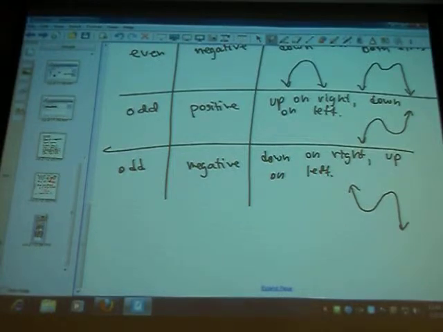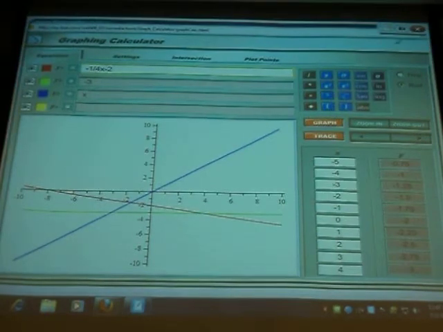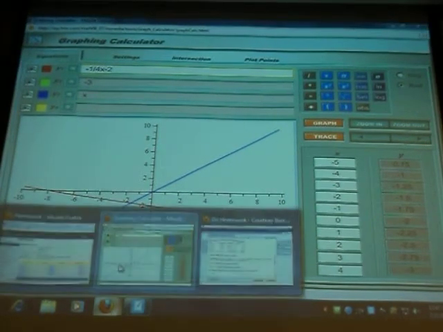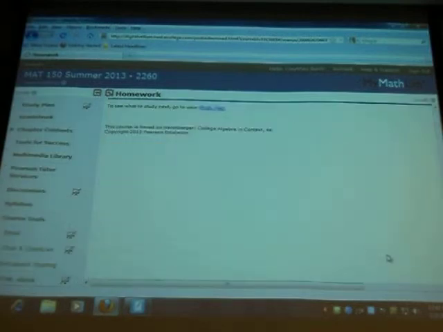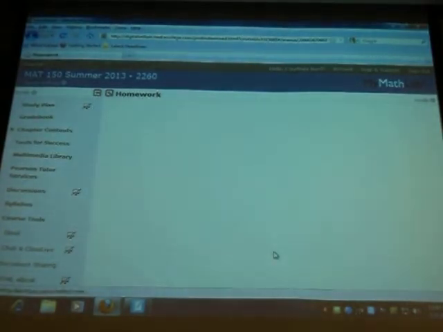So let's look at an example on the homework. There's a couple examples where they ask you questions like this. Look at homework 9.